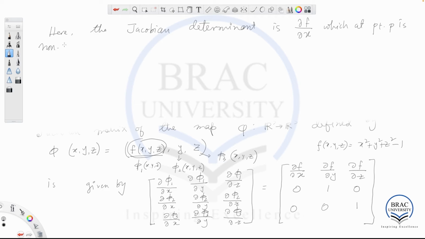So we have obtained a function phi whose Jacobian determinant is non-zero.